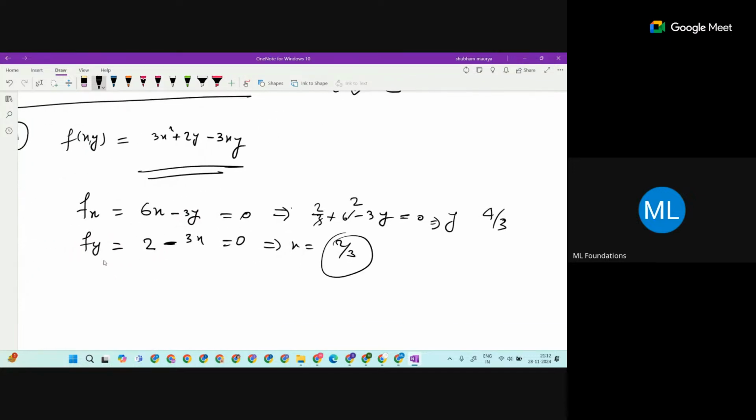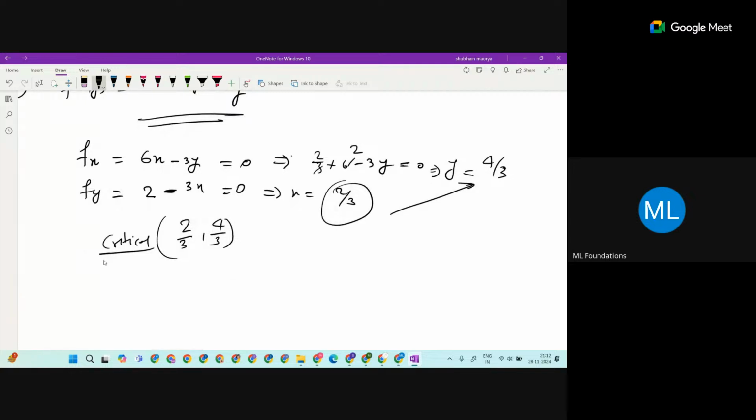So using this, I got this y value. So the point is going to be 2/3 and 4/3. This is the only critical point. Whatever points you get are called critical points.